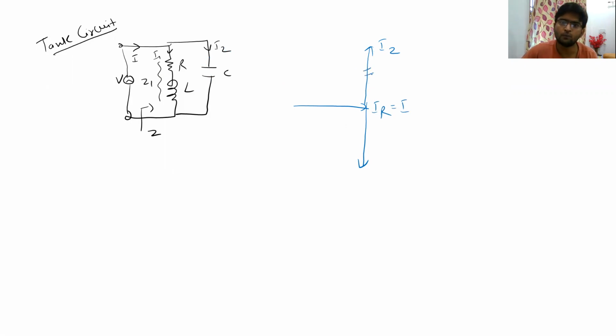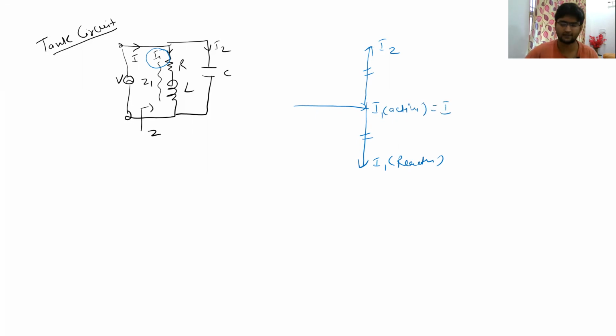So this I2 component should be cancelling out which current? Definitely the reactive component of I1 current. So let me call it as I1 reactive. So this component should be cancelling out this component. So whatever we will be left with, this is not IR, sorry, this is the active component of I1, which is going to be equal to I.